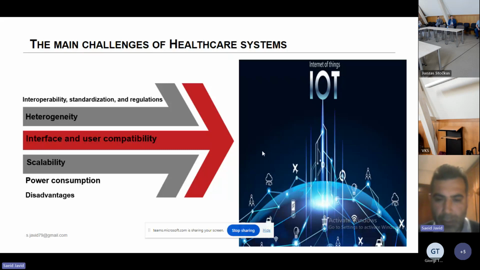Interface and user capability. It is vital to consider other factors such as human capability and the extent to which users will accept a program and to which a particular system supports human interaction.